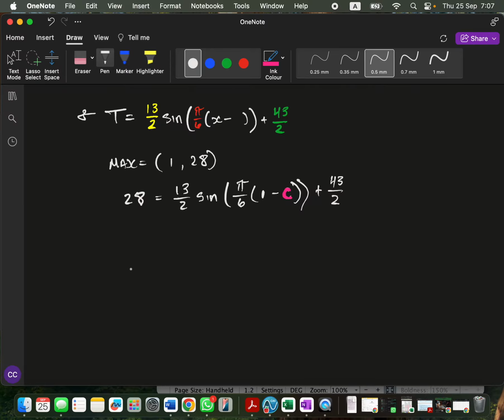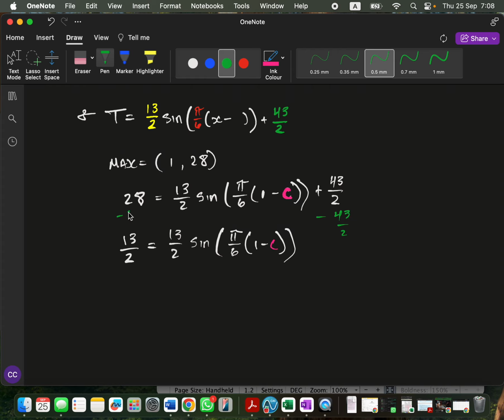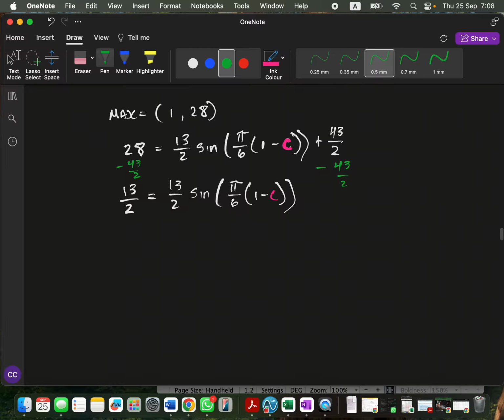So I'd have 13 halves is equal to 13 halves sine of pi over 6, 1 minus c, because I'm just subtracting again from, if we're not following, I subtracted 43 halves from both sides, and that got me to there. Now my next step would be to divide by 13 halves.